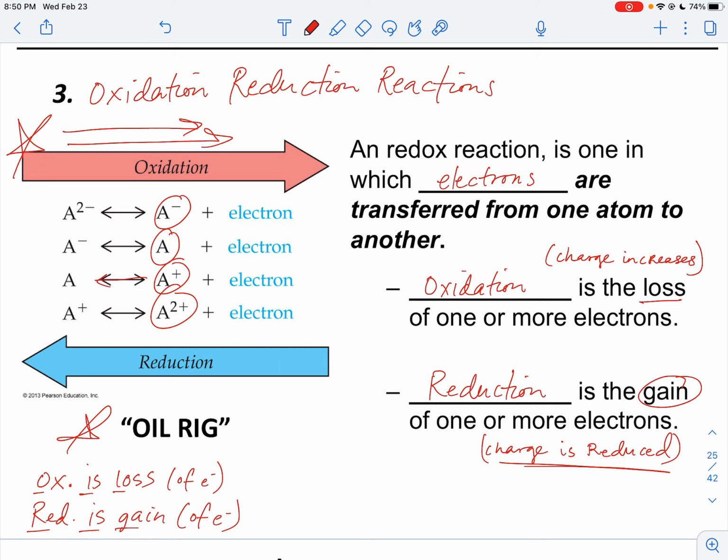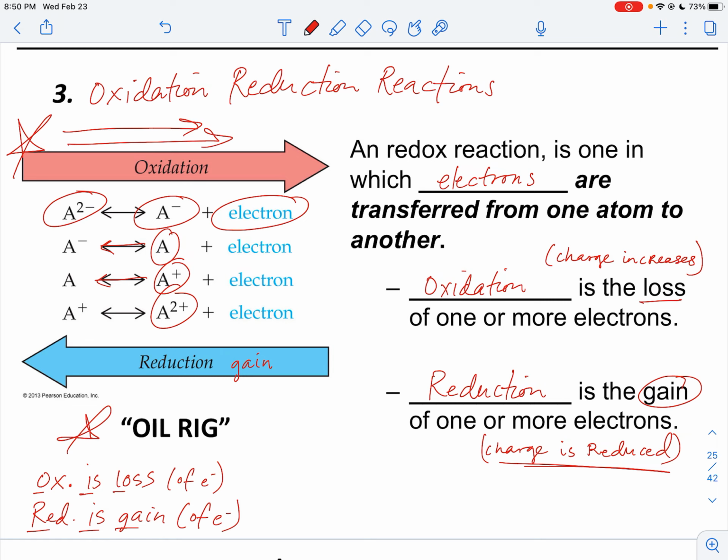So now we're just reading these arrows to the left. We'll just look at the top one. If we have something that is a -1 and it gains an electron, reduction is gaining an electron. So we take an electron plus something that is a -1, we combine them. Now we have an anion here that is a -2. It has gained an electron. That's reduction.